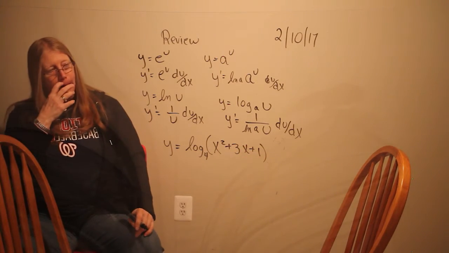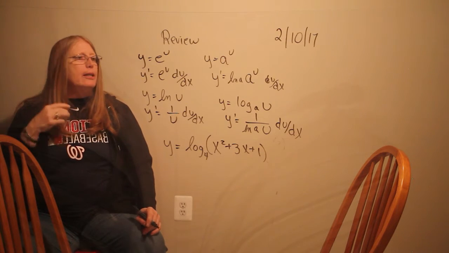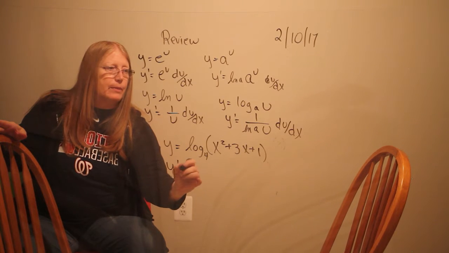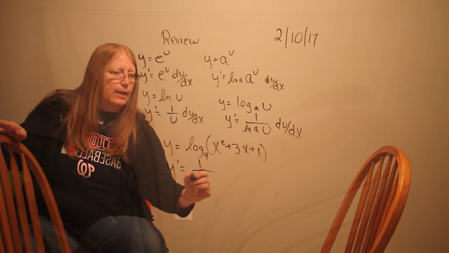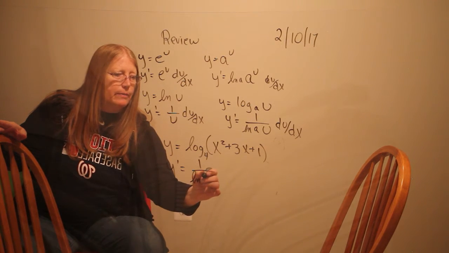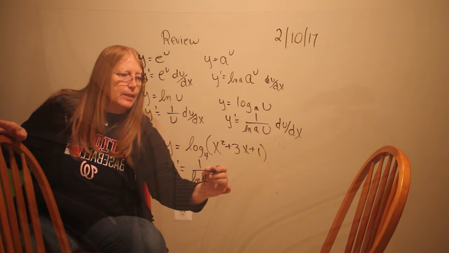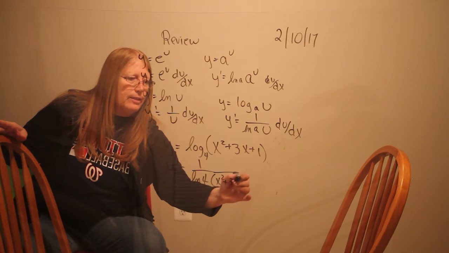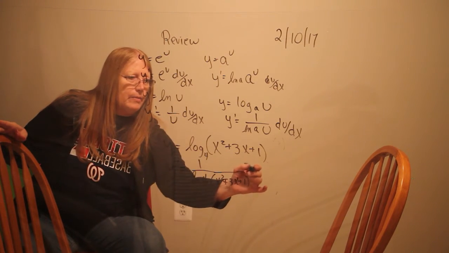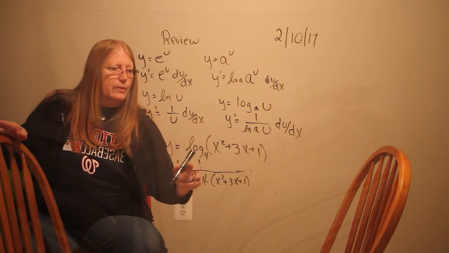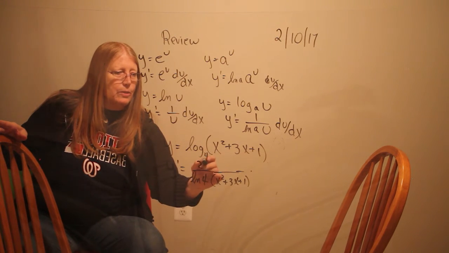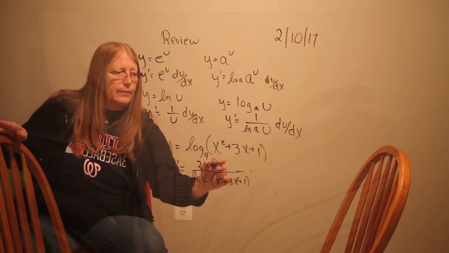All right, so with that one, we can use this rule. So y prime is going to be 1 over ln of 4 times the expression x squared plus 3x plus 1, all this in the denominator, times the derivative of that expression, which will end up being in the numerator, 2x plus 3.